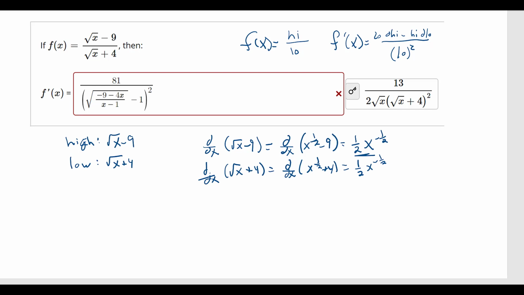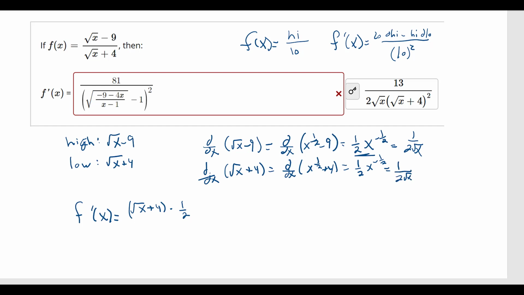So when we look at the derivative, f prime of x, the low thing, that square root of x plus 4, is going to be multiplied by the derivative of what was up on top, which is this 1/2 x to the negative 1/2. And I think we could just write this as 1 over 2 times the square root of x, because that negative power puts it below a fraction bar.